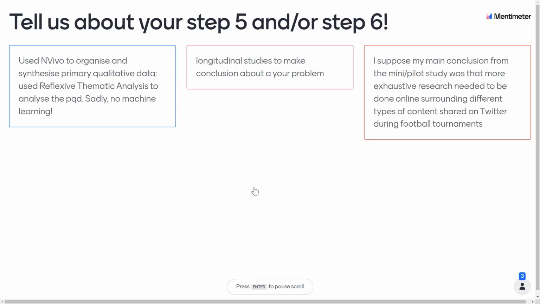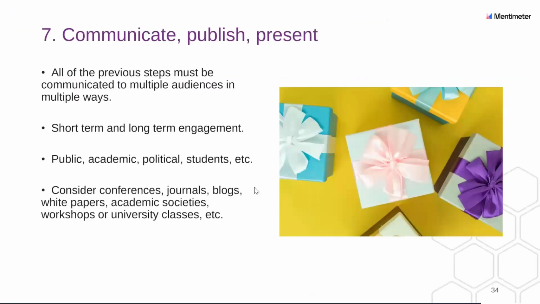All right, probably not going to get a whole lot more for 5 or 6. So you might think, discussion and conclusions, how can there be 2 more steps to this process? There are. Communicate, publish, and present. So this is back into the really human thinking portion of computational social science, or in fact, most research.